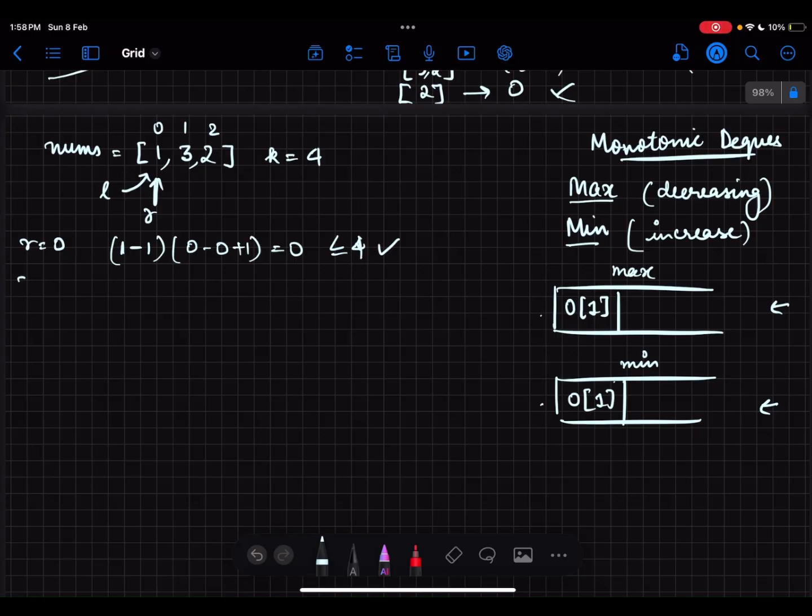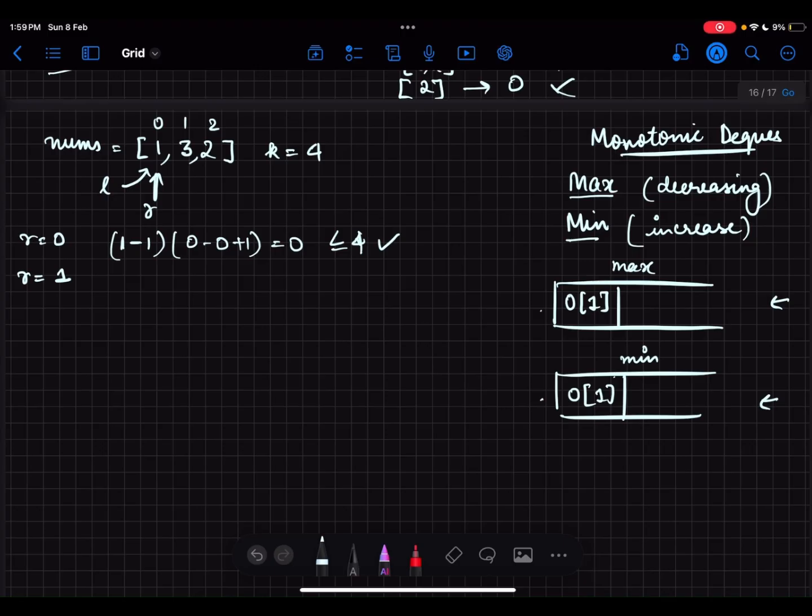Now we move our R to 1, whose value is 3. We check the max deque. The rule here is that we keep popping our max deque from the back until the values are less than or equal to the new value. So the new value here is 3. We check from the back.